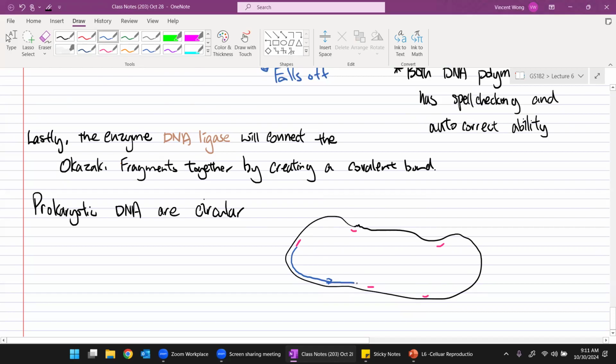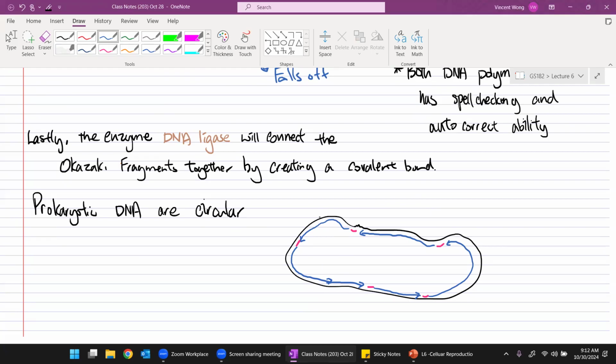So it's gonna build all the way to the next primer. I just want you to be able to understand this, right? So it's one full loop. Whenever you get to the new primer, three is gonna fall off, number one's gonna come, and you're gonna replace the pink bits. And eventually you go full circle. Okay? That's what happens in prokaryotes.